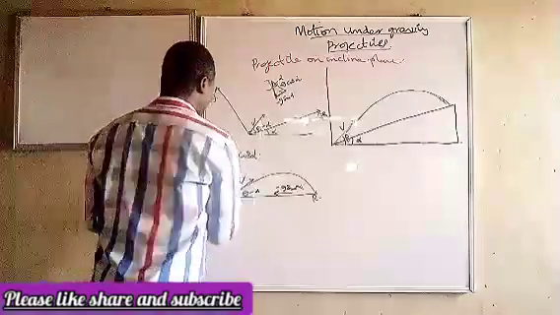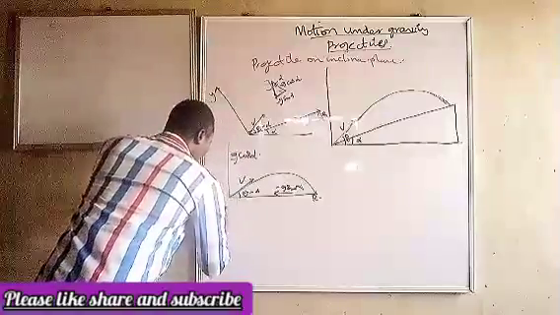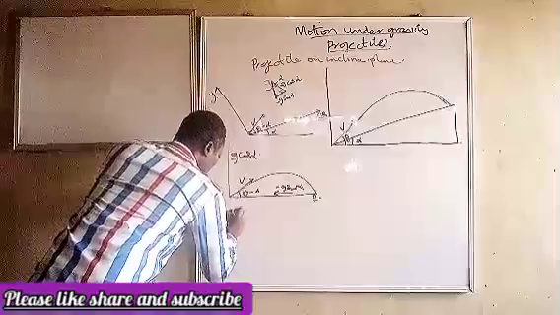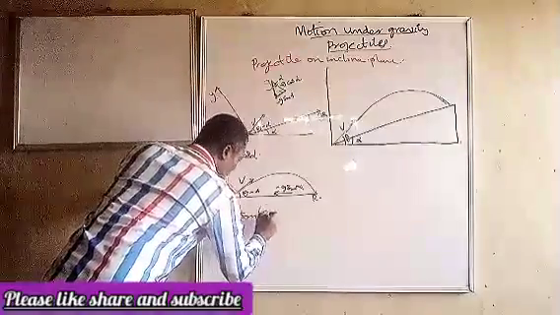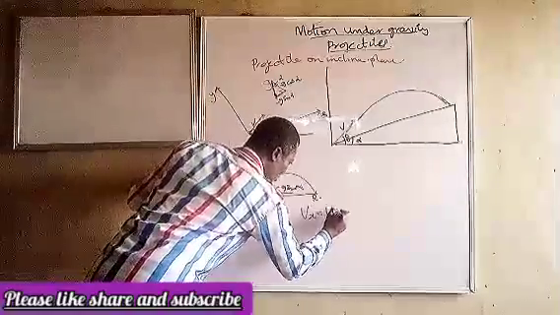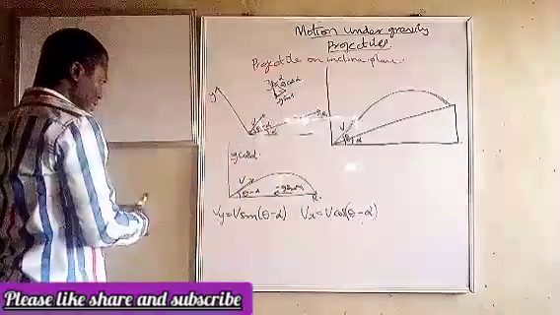Let's see what our vertical velocity and distance will look like. So vy will be equal to v sine theta minus alpha. Vx will be equal to v cos theta minus alpha. Please take note of that.